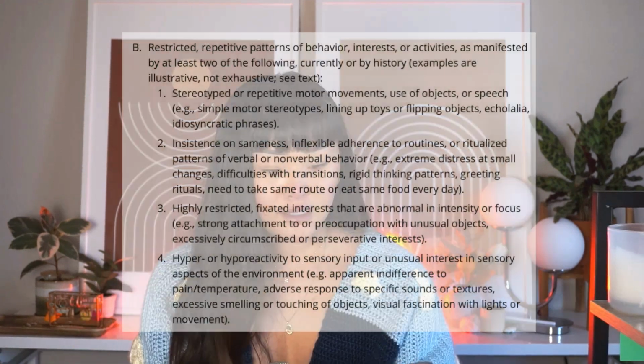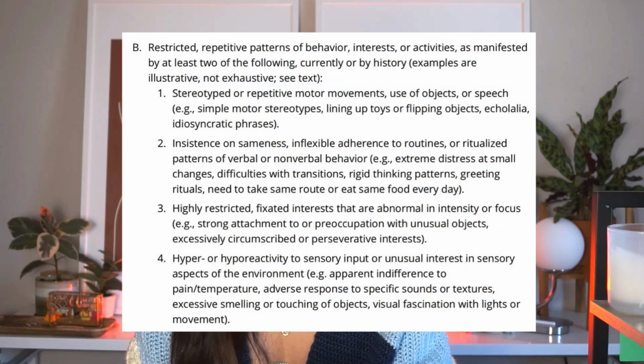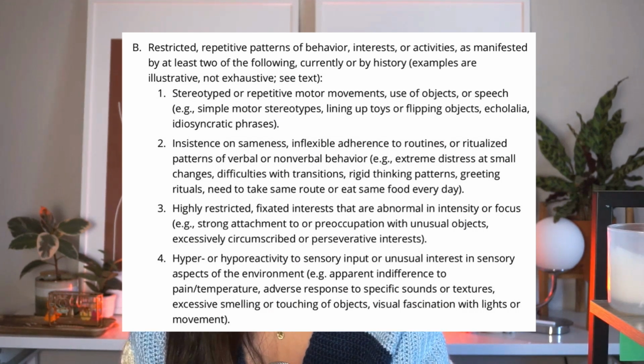The next thing on this list is highly restricted, fixated interests that are abnormal in intensity or focus. Strong attachment to or preoccupation with unusual objects, excessively circumscribed or perseverative interests.